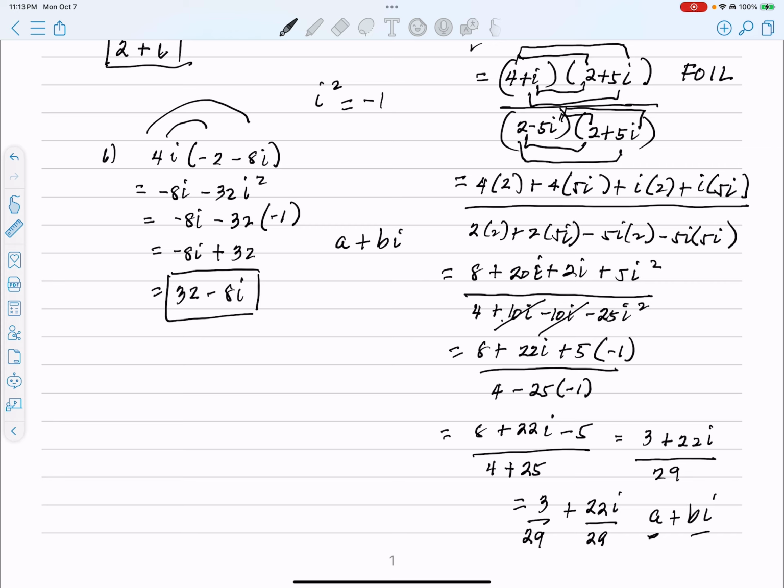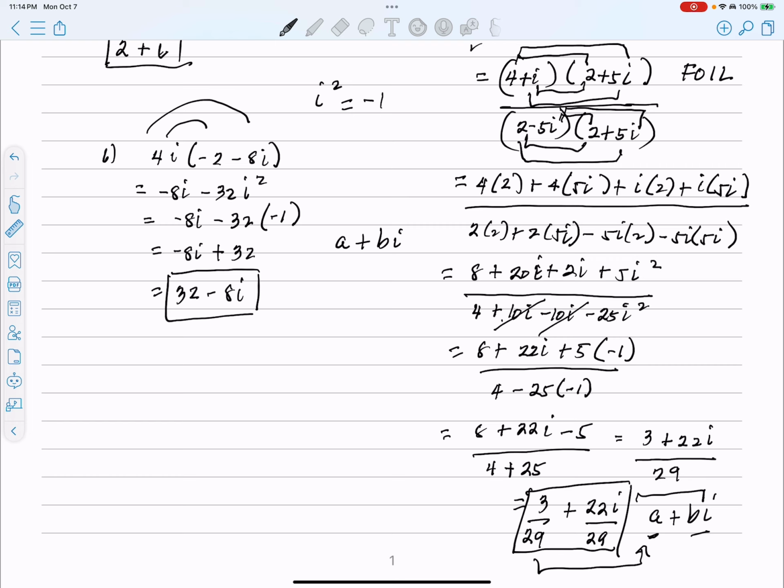So our a here is 3 over 29. That is our a. And 22i over 29, that is our b times i. So this is the final answer. Okay.